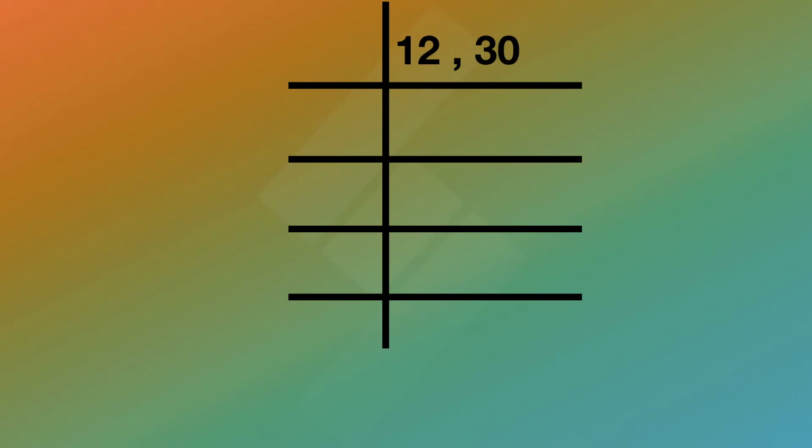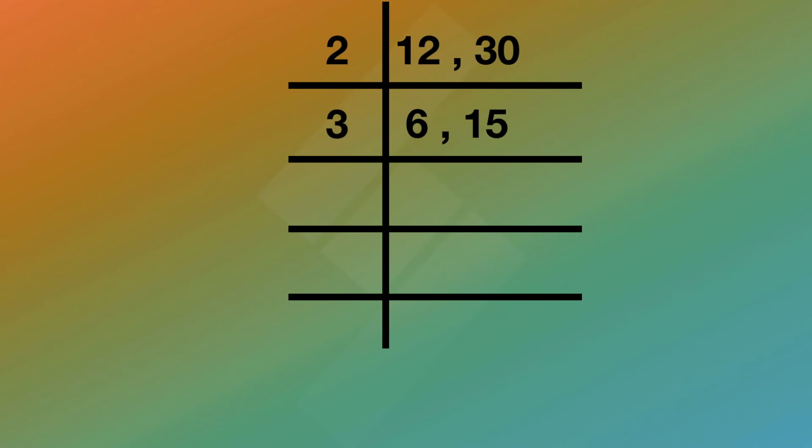To understand the short division method, let us take two numbers, 12 and 30. We will write 12 and 30 together, separated by a comma. The smallest prime number that will divide both 12 and 30 is 2. On dividing 12 and 30 by 2, we will be left with 6 and 15 respectively.